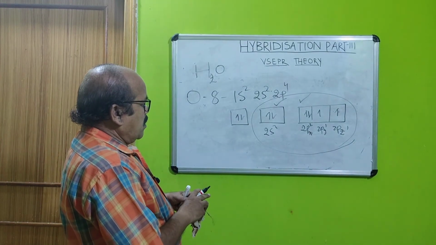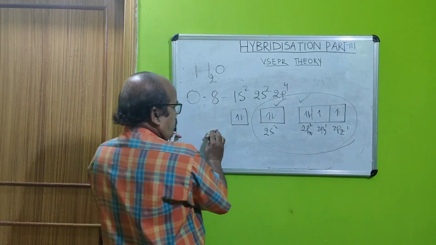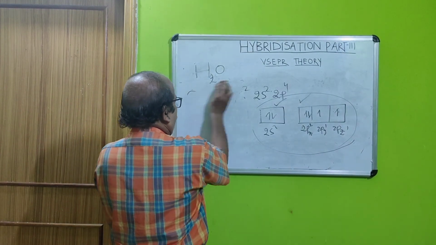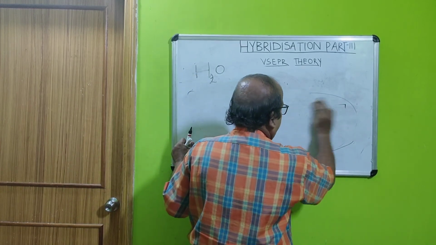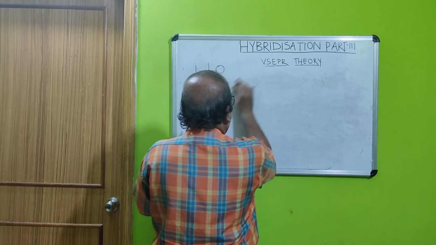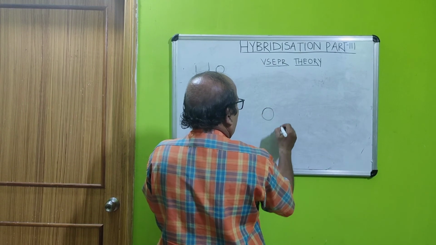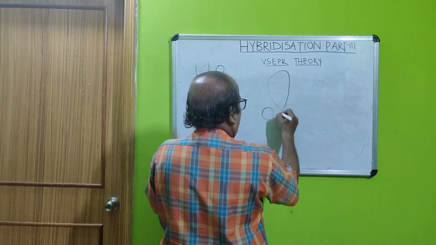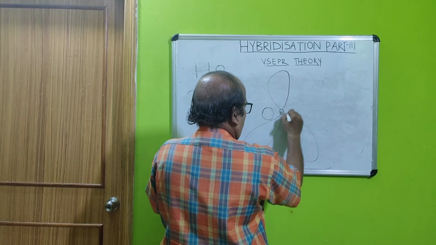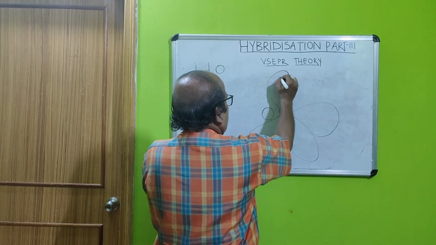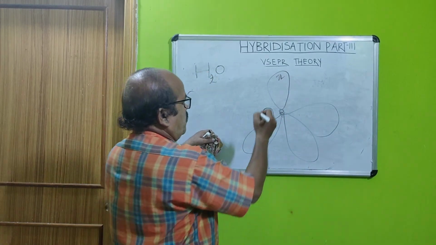So here VSEPR theory will be applied. Let me tell you. Here 2 electrons are there. This is a lone pair.